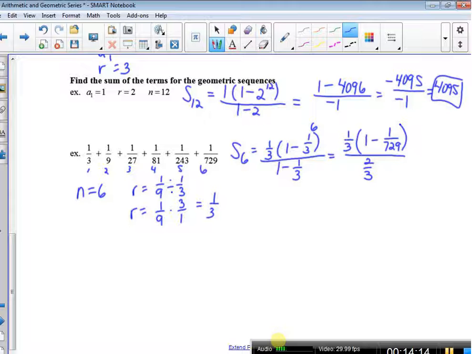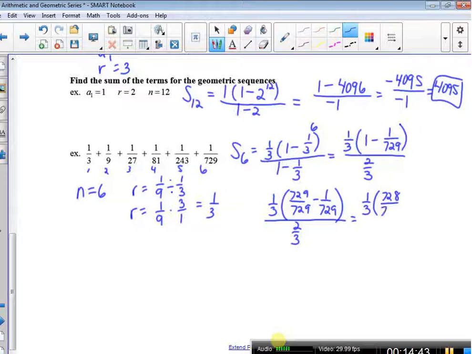So I did 1 over 3, and I did 729 over 729 minus 1 over 729, and that's all over 2/3. So this is going to give me 1 over 3 times 728 over 729.